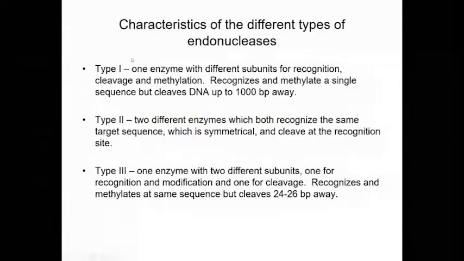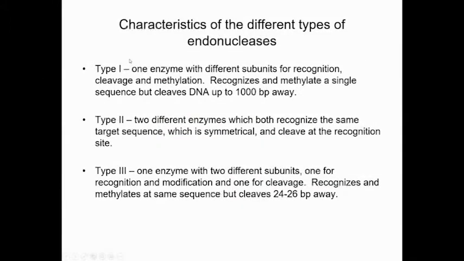There are three different types of restriction endonuclease. Type I is one enzyme with different subunits for recognition, cleavage, and methylation, and the recognition and cleavage sites are about 1,000 base pairs apart. Type III is one enzyme with two different subunits, one for recognition and one for cleavage, and the recognition and cleavage sites are 24 to 26 base pairs away.